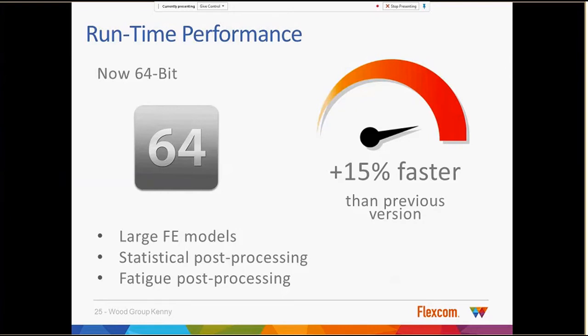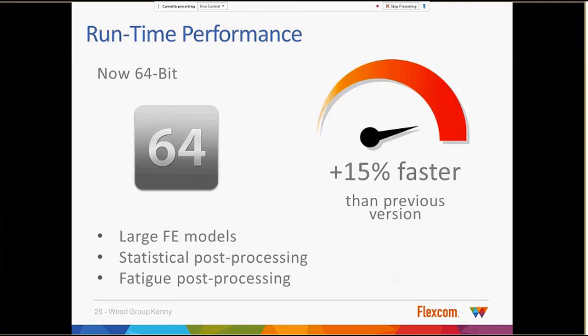For each analysis on each of those 4 cores, each of them is now 15% faster. To put that in context, we're always trying to improve the speed of runs on Flexcom. That's 30% faster than the first version of Flexcom 8, and it's over 76% faster than the previous 7.9 version.